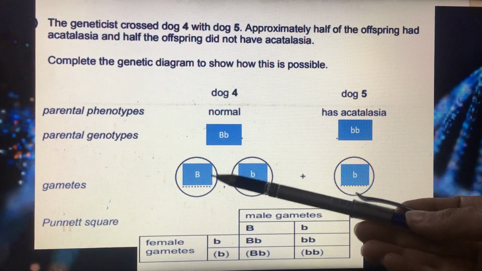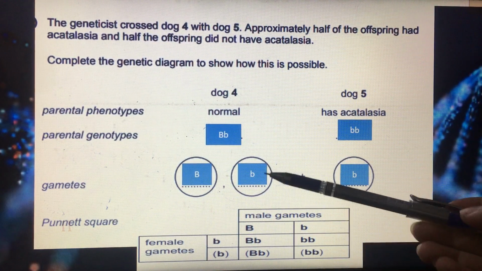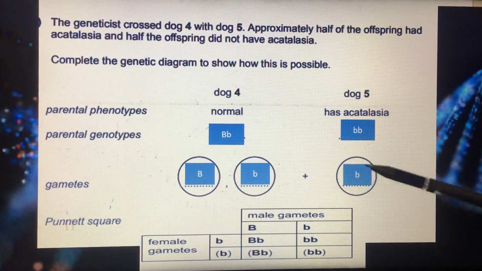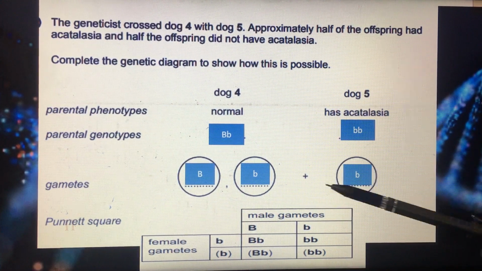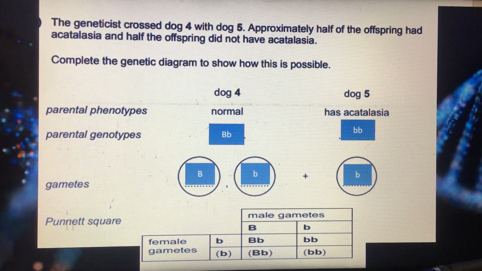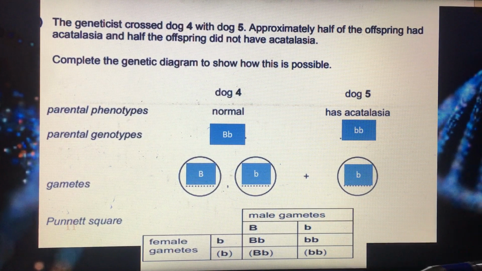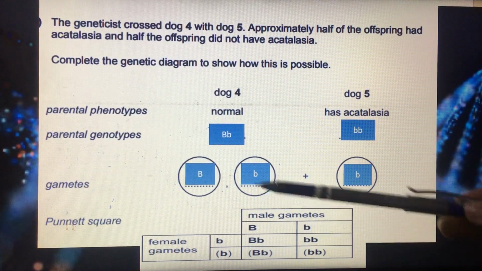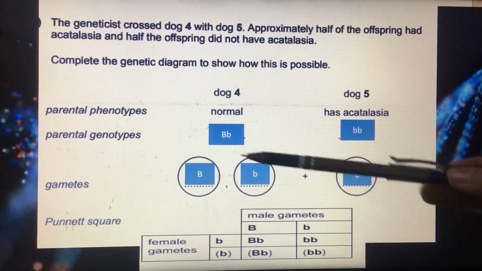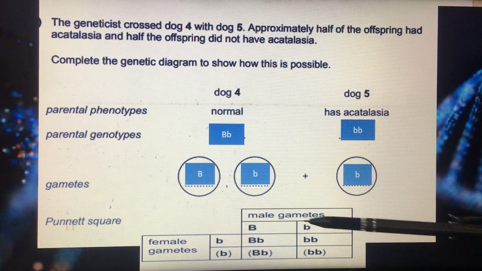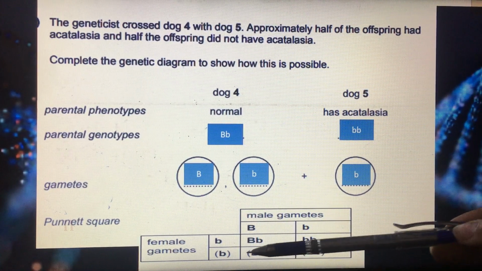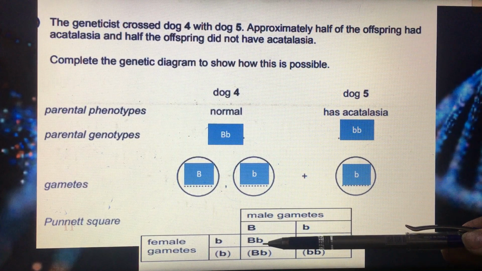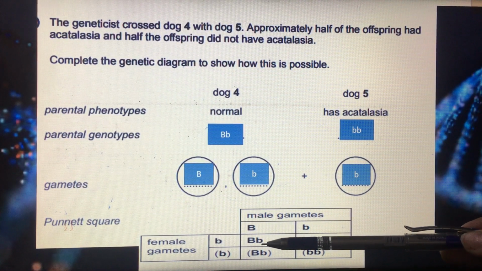So when they give gametes, that will produce B capital, B small, and here B small. We write only one gamete because both are the same, so we write one. Now when we use the Punnett square to find the offspring, you will find B capital, B small for male gametes, and B small for female gametes. So when B capital fuses with B small, that will produce dominant B capital, B small.